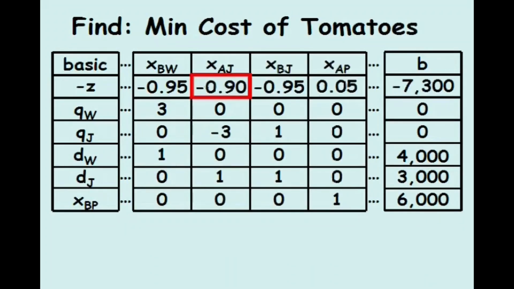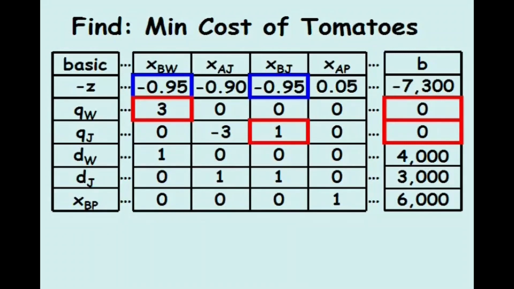Next, we'll choose variable XAJ to enter the basis, because it has a negative reduced cost coefficient. As an aside, if we chose XBW or XBJ to enter the basis, their values would equal 0 from the ratio test, and there would be no improvement in the value of the objective function.